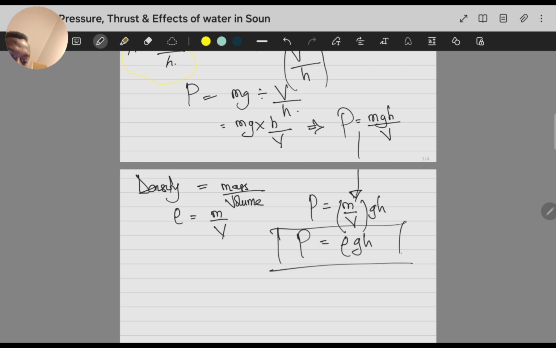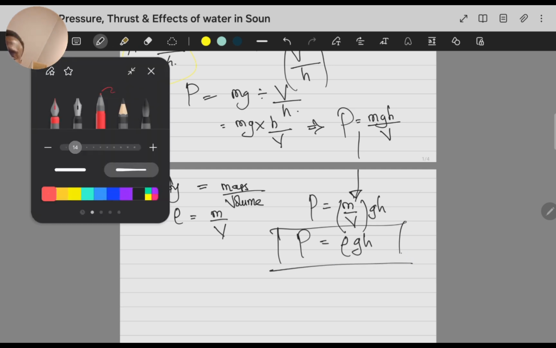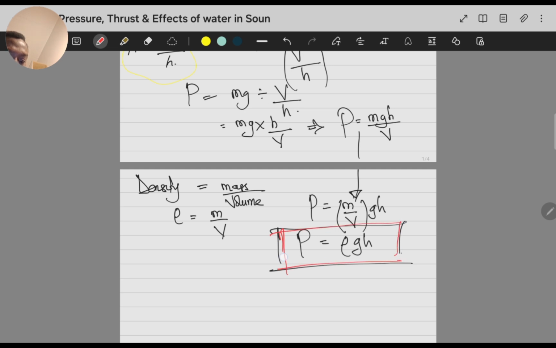The final formula for pressure is now rho gh: density times acceleration due to gravity, times the height of the column of water above the reference point, which is actually the depth.